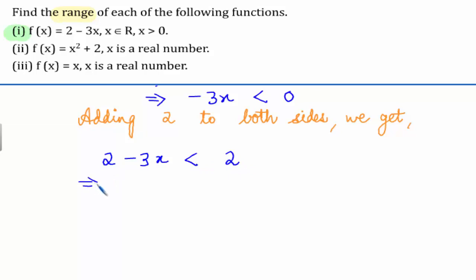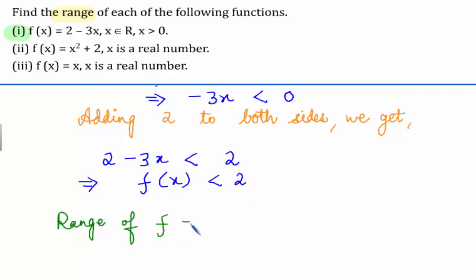This implies f of x is less than 2. From this, we can say that range of f is the open interval minus infinity to 2. So this completes the first part of the problem.